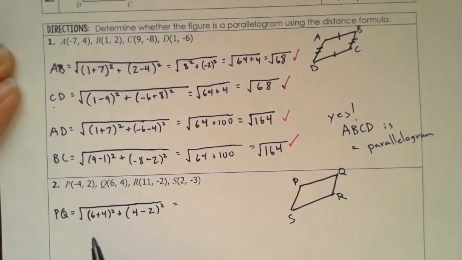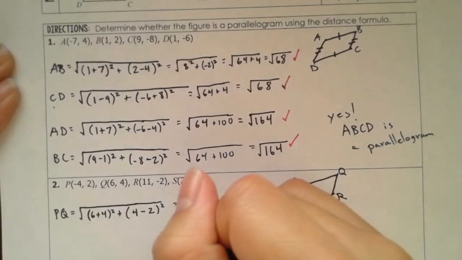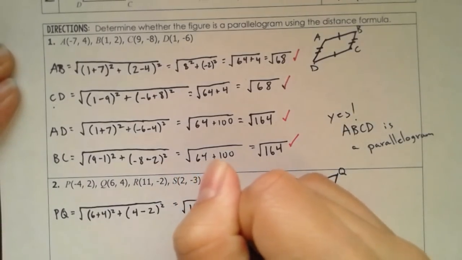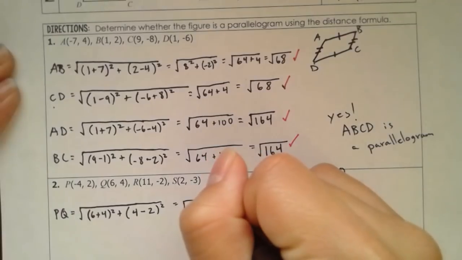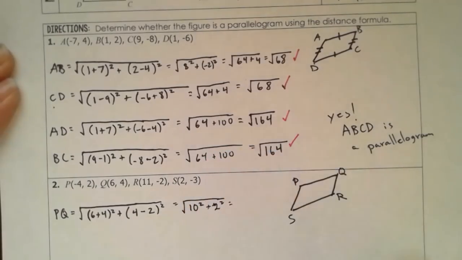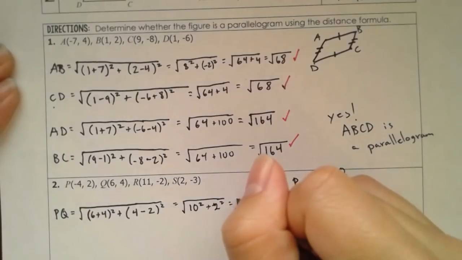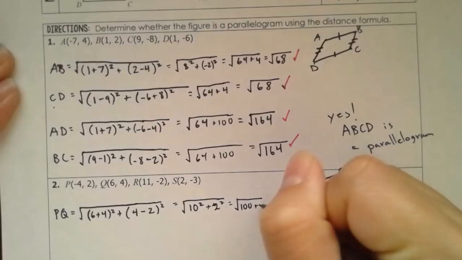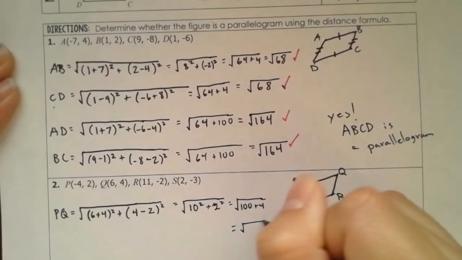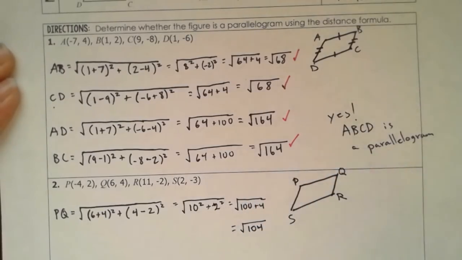So 6 plus 4 is 10. I get 10 squared. 4 minus 2 is 2. I should say 2 squared, I get 4. I'll show every step here. 10 squared, so I get 100. 100 plus 4, and then that gives me square root of 104. So then the measure of PQ is square root of 104.